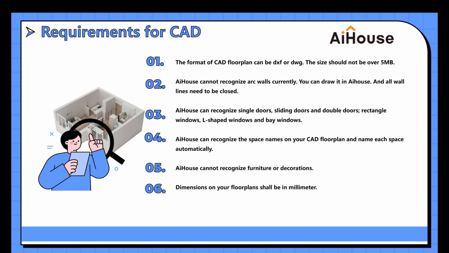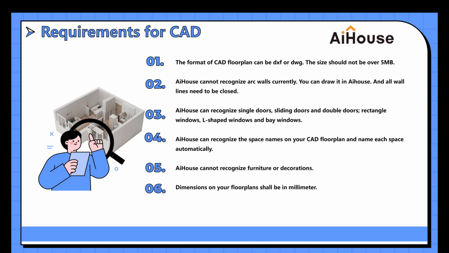Third, AiHouse can recognize single doors, sliding doors, double doors, rectangle windows, L-shaped windows, and bay windows. Fourth, AiHouse can recognize the space names on your CAD floor plan and name them one by one automatically. And fifth, AiHouse cannot recognize furniture or decorations.